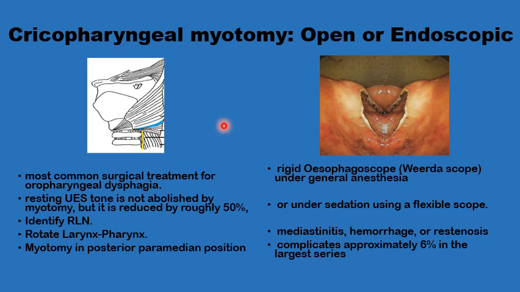If the operation is carried out by the external route, it's usually done on the left side of the neck, dissection between the larynx and the trachea on the one side and the carotid sheath on the other side, down to the level of the prevertebral fascia, identification of the recurrent laryngeal nerve, and then rotation of the larynx and the pharynx medially would expose the posterior wall of the pharynx, and the myotomy would extend not only through the cricopharyngeus muscle, but also through the lower part of the thyropharyngeus muscle and the upper part of the esophageal circular muscles.